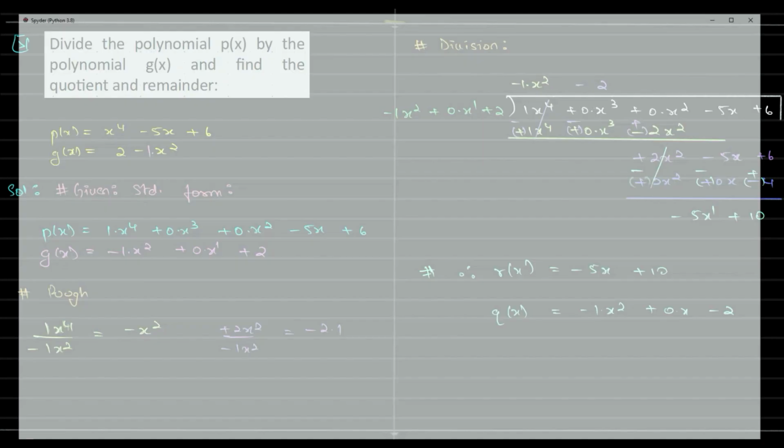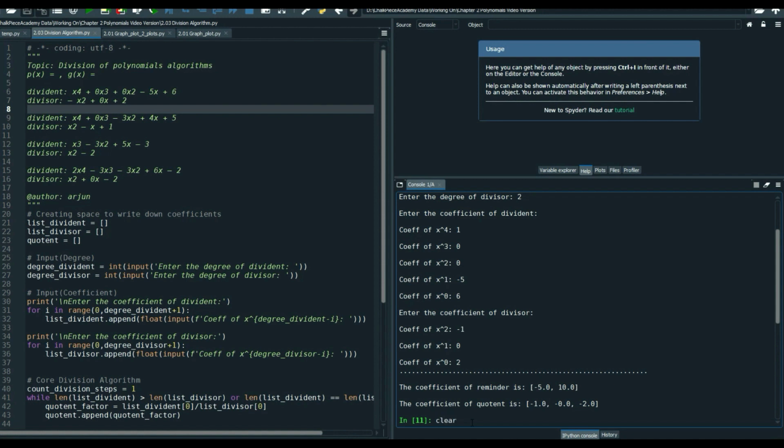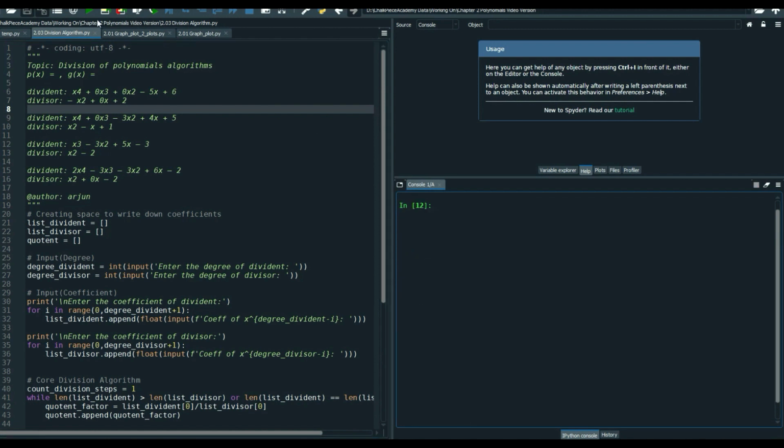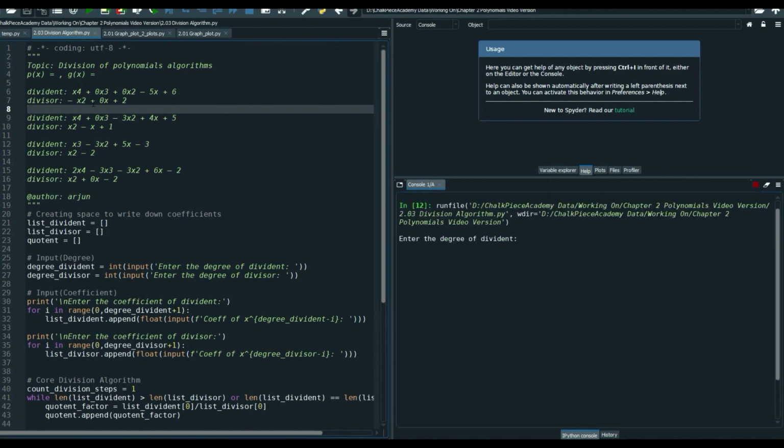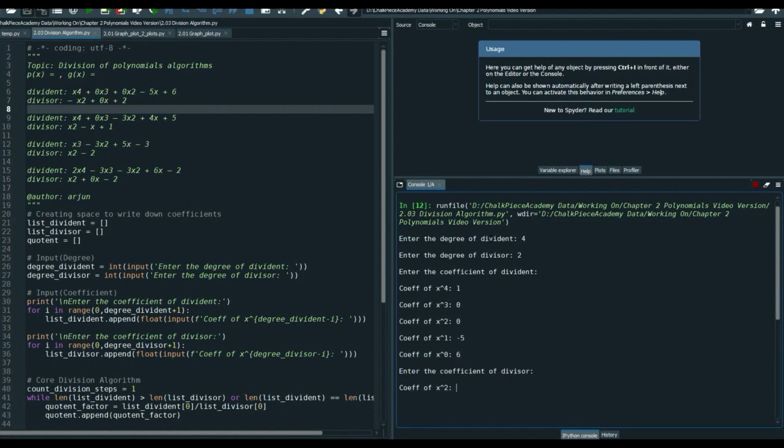Okay, so let's verify this as usual with our code. Let's execute. I have the p of x and q of x over here. The degree is 4, and the divisor's degree is 2. We have 1, 0, 0, minus 5 and 6, then we have minus 1, 0 and 2.